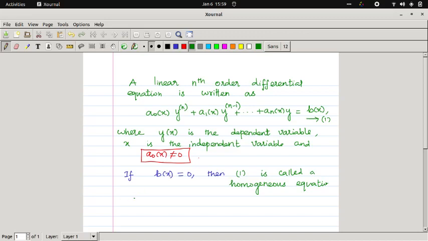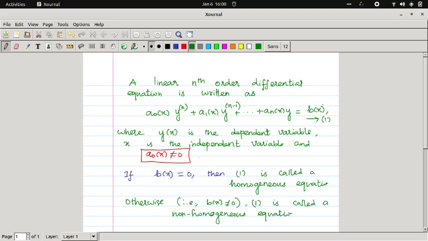Otherwise, that is, b of x not equal to 0, then equation 1 is called a non-homogeneous nth order linear differential equation.